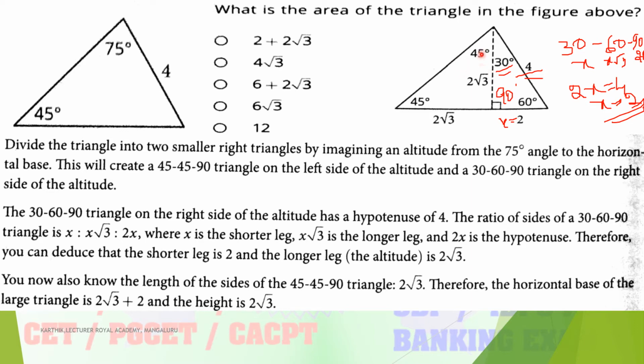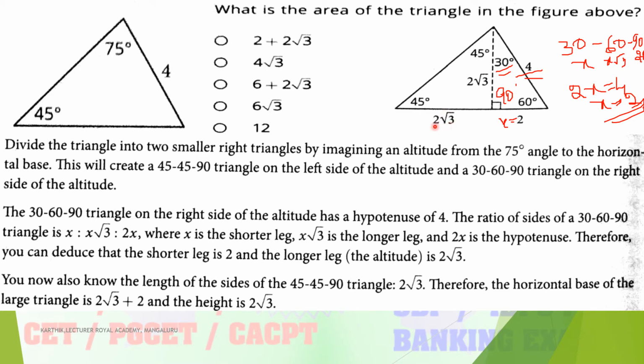Based on this, opposite to 45 degree, what is that? 2 square root of 3. This 2 square root of 3 we already determined from the right side triangle. So opposite to 45 degree, the same value, 2 square root of 3. You will get it like that.